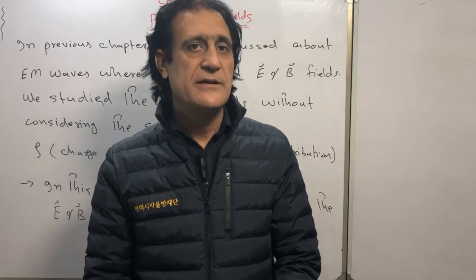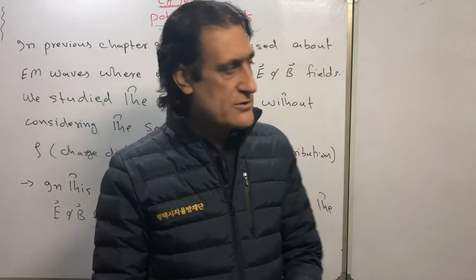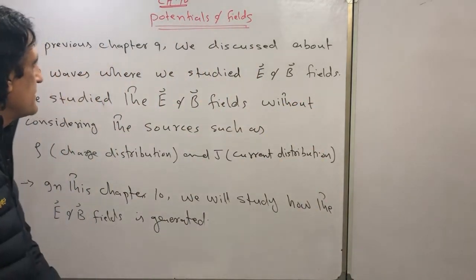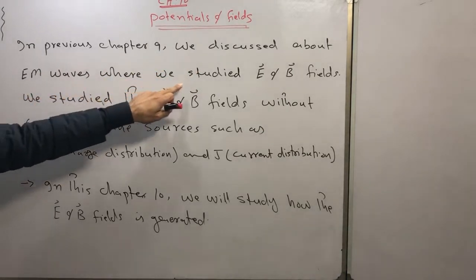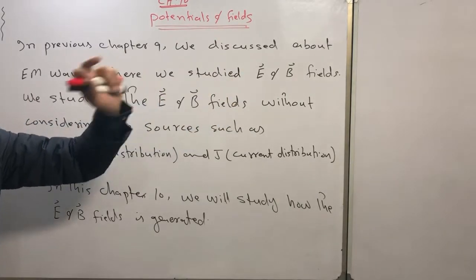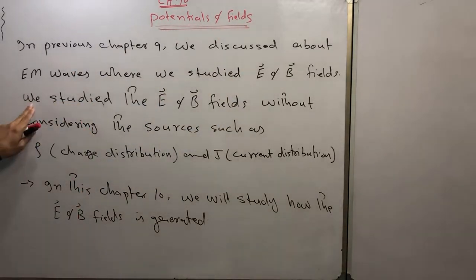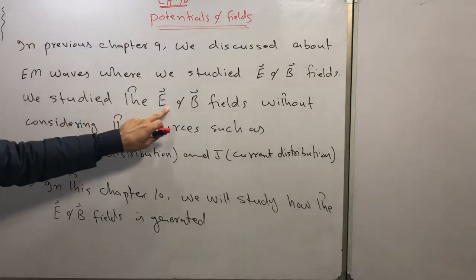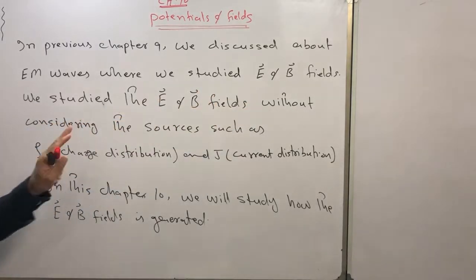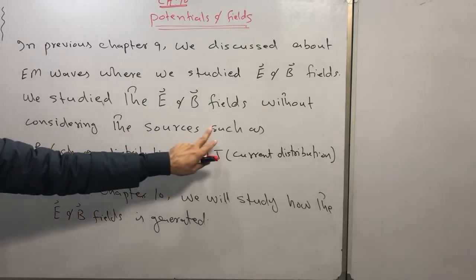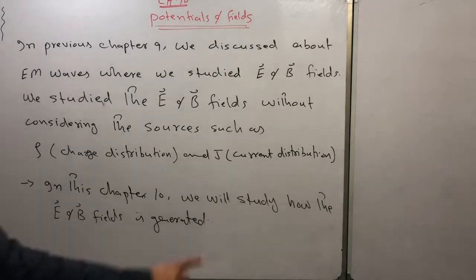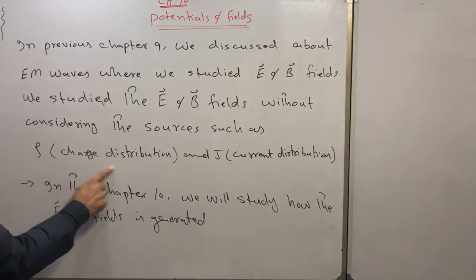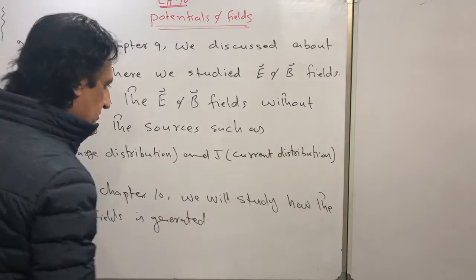So I have written this for your notes. In previous chapter 9, we discussed electromagnetic waves, where we studied electric and magnetic fields without considering the source charges, such as rho, the charge distribution, and J, the current distribution.